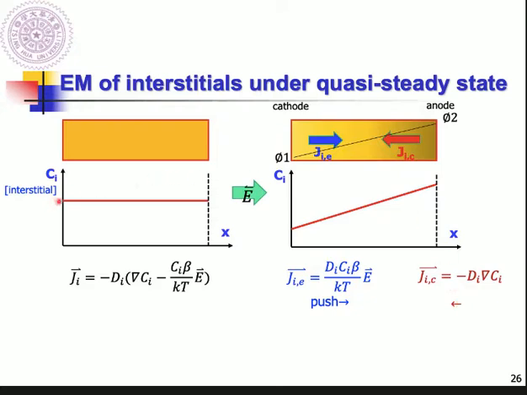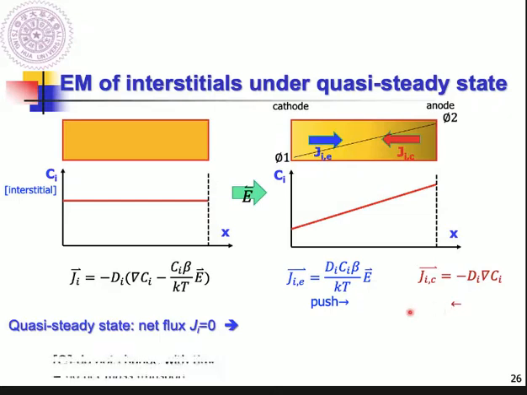Right? So in the beginning, there's no concentration gradient. As long as you apply an electrical field, it will cause some slight difference or variation in concentration, and that will cause this flux toward the left-hand side. So once this reaches the quasi-steady state, that means the net flux equals 0.